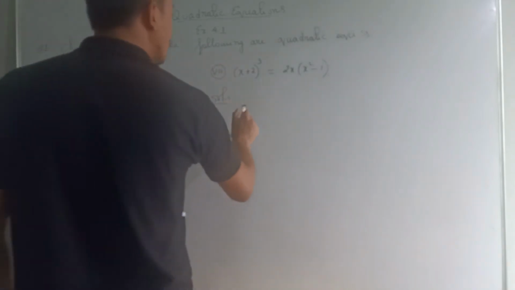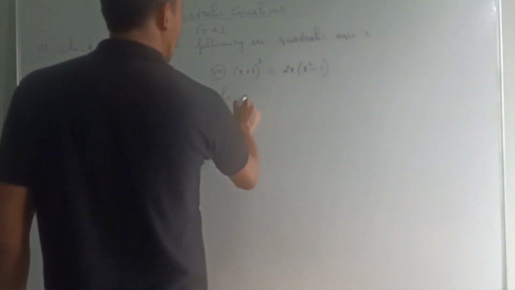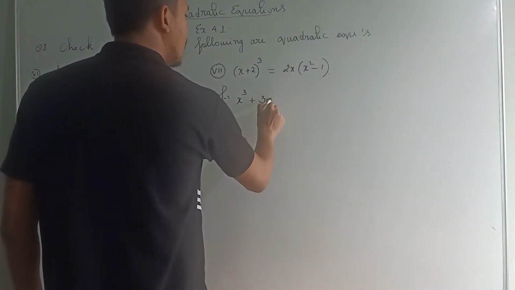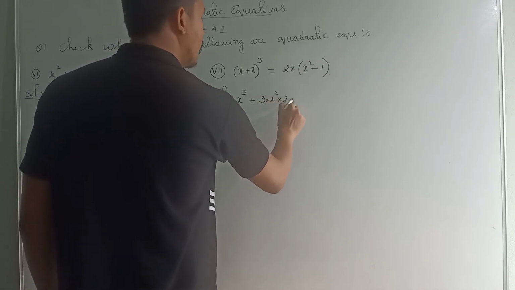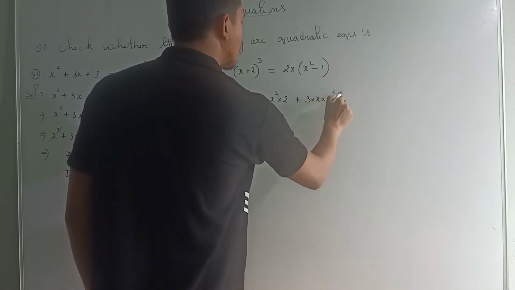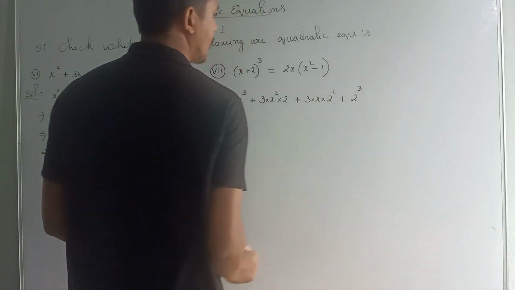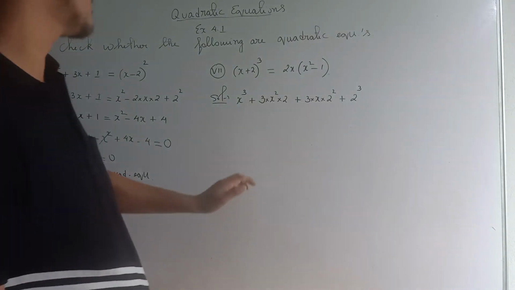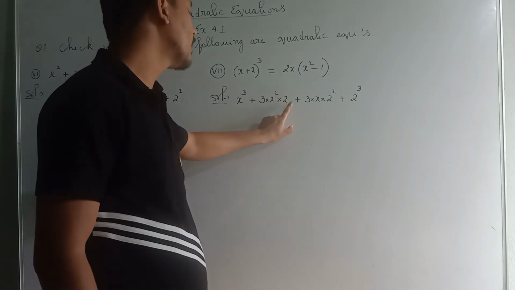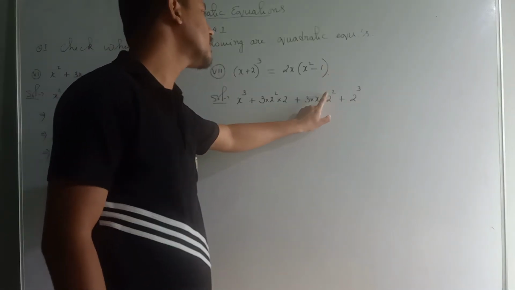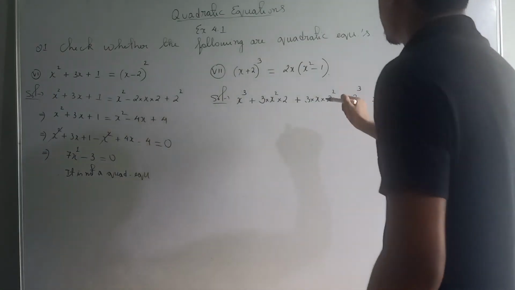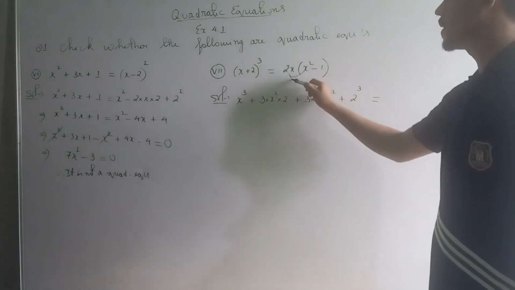So (a plus b) holding cube is given by the formula a cube plus 3a squared b plus 3ab squared plus b cube. And then on the right side, we multiply both of these terms by 2x.